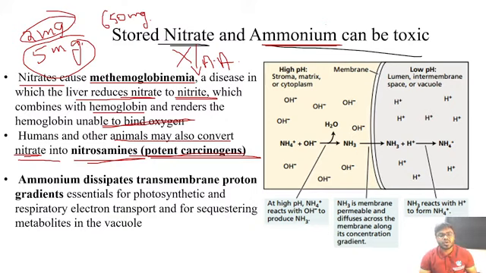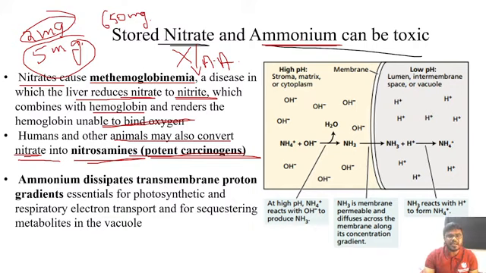What happens if I store the ammonium? Friends, everyone remember, listen to my statements carefully. Ammonium can destroy the entire photosynthetic machinery. What do you mean by photosynthetic machinery? Light harvesting complexes, photosystems, electron acceptors, ATP synthase enzyme, all can be destroyed. Even, friends, ammonium can destroy the entire electron transport chain machinery in the mitochondrial membrane also.